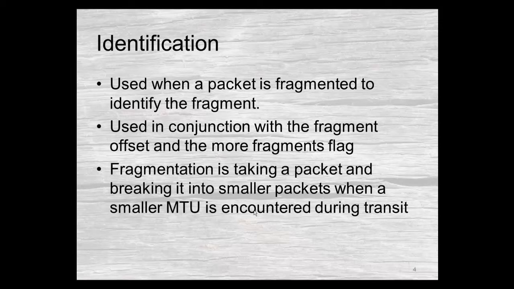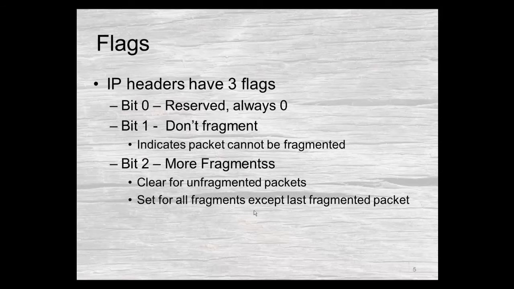The maximum transmission unit defines those packet sizes. For the most part, we don't have to worry about it because we're dealing with Ethernet size packets. But if, for example, we're going from, say, token ring, which allows a 32K packet size, to an Ethernet network, we would have to fragment the packets at that point.